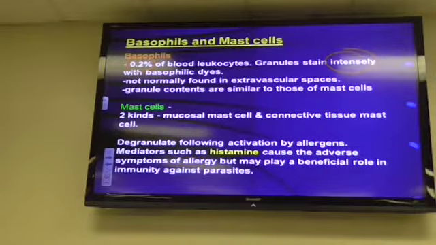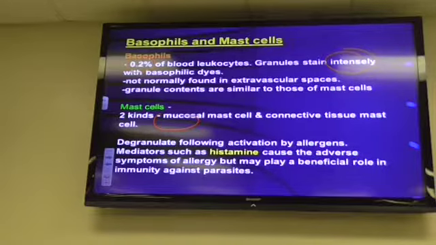Mast cells are mostly in the tissues. There are two kinds, mucosal and connective tissue mast cells, but they both do the same thing. They're mainly intended for acting against the parasites, but they're also involved in allergies, especially type 1, immediate type hypersensitivity, which we will talk about a lot in later classes.